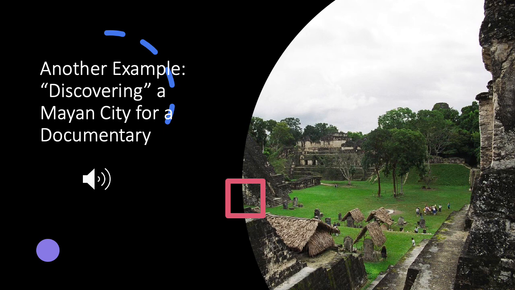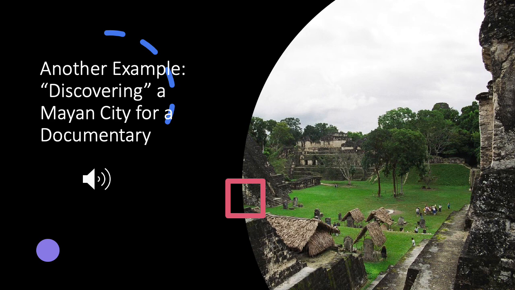So the camera people set up all their equipment in the path, but then had the archaeologists off the path pretending to cut through the jungle until they got to the site and pretended to see it for the first time, as if they were just discovering it. Even though, of course, they'd been excavating the site for years at this point.